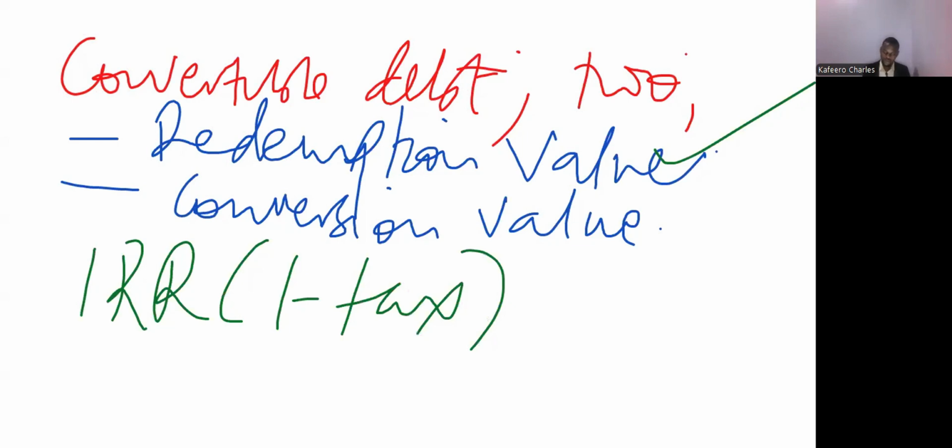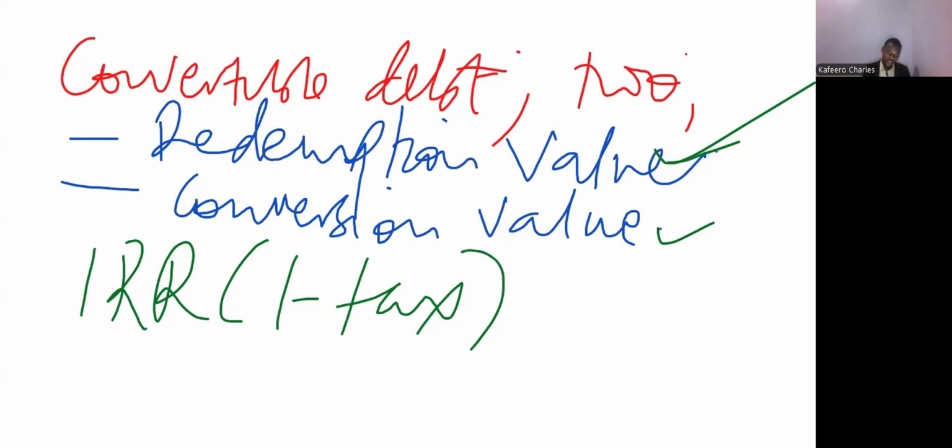But this time around, they have given you a redemption value at the same time they have given you the conversion value. The question is, which one of the two are we going to include in our computation? Because this is going to act like a cash outflow. We are redeeming back the money that we gave them. They are giving it to us back.